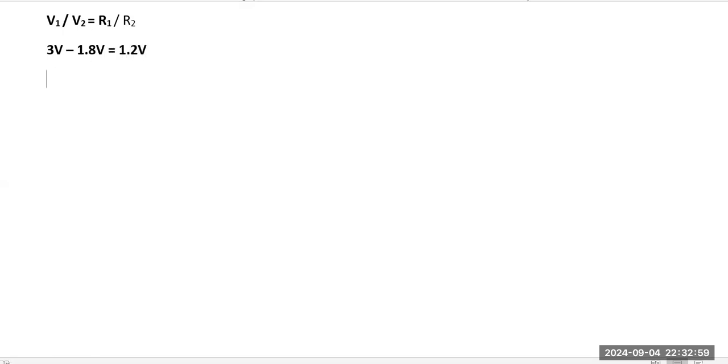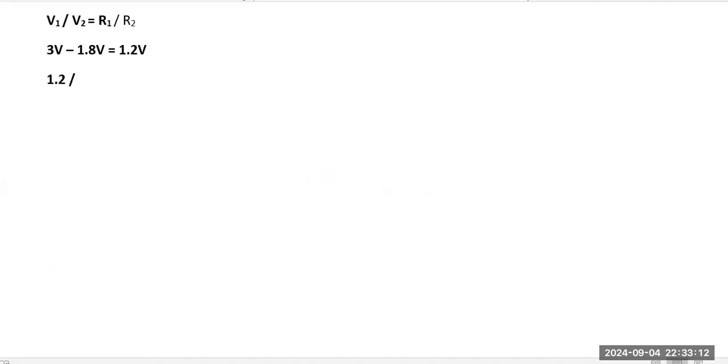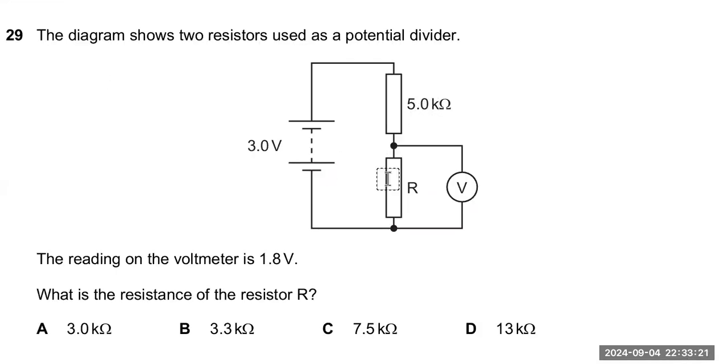Okay, so this is the main key point by which you can easily solve the question. And the value of V2 is mentioned here, 1.8, so you have to write 1.8 is equal to the value of R1, which is 5 kilo. Look at the options, kilo is also used, so you must use only 5 here.